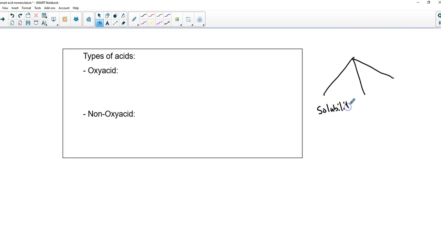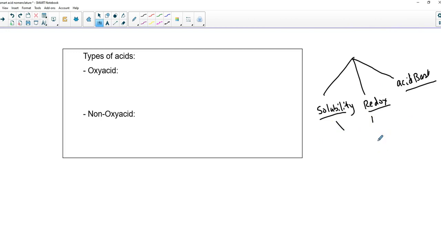We'll learn about that in this chapter, and we're going to learn about redox reactions in this chapter. There's also an acid-base reaction, which is held off for the actual acid-base chapter. So we're going to use these two reactions in this particular chapter.